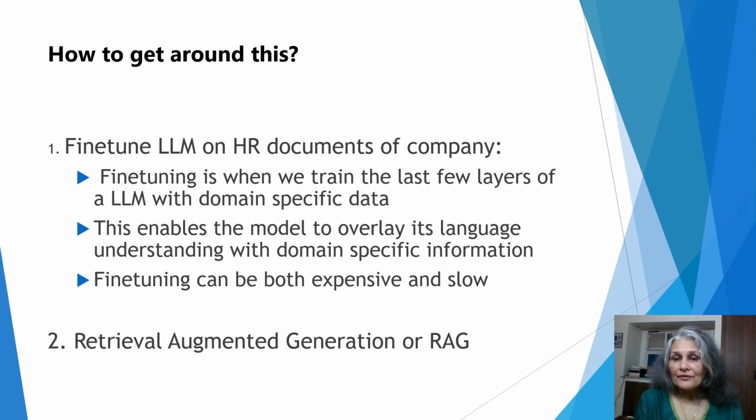So 990 layers would be pre-trained layers, which would essentially represent the linguistic understanding capabilities of the model. And the last 10 layers would then be retrained on the HR corpus of the company, so that the model acquires a certain amount of domain expertise.